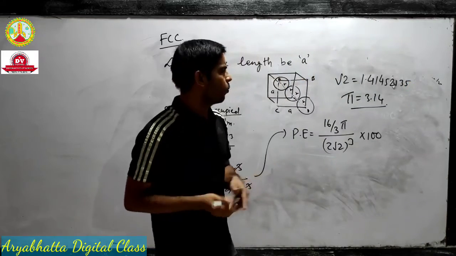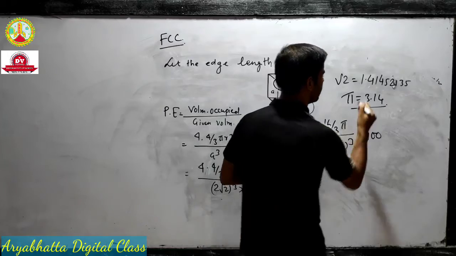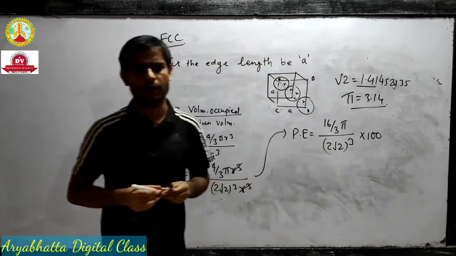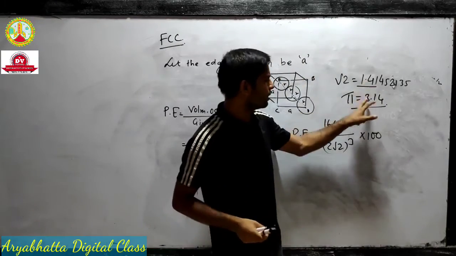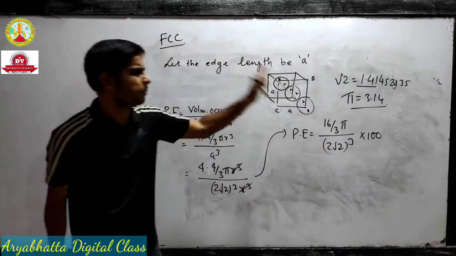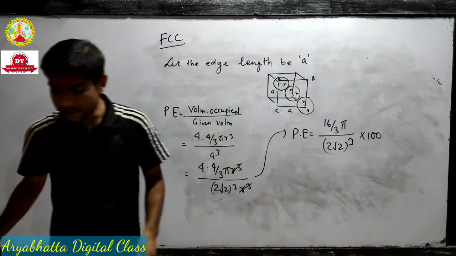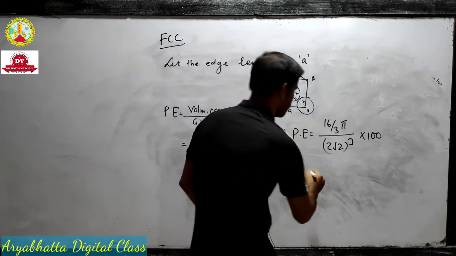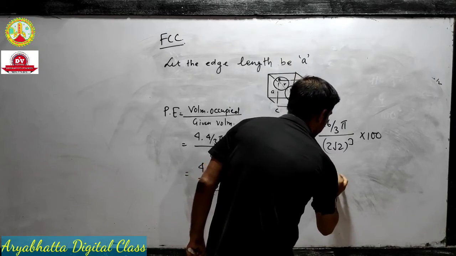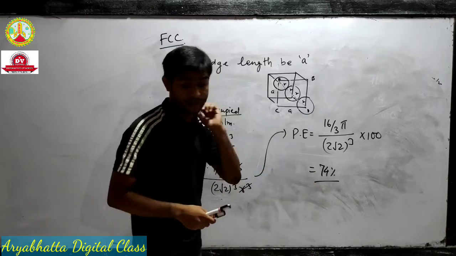You can take it to 2 decimal places, 1.41. So use this value of root 2 and pi, and with simple algebraic calculation, you will see that it will give you a 74% packing efficiency. Okay, 74% efficiency.